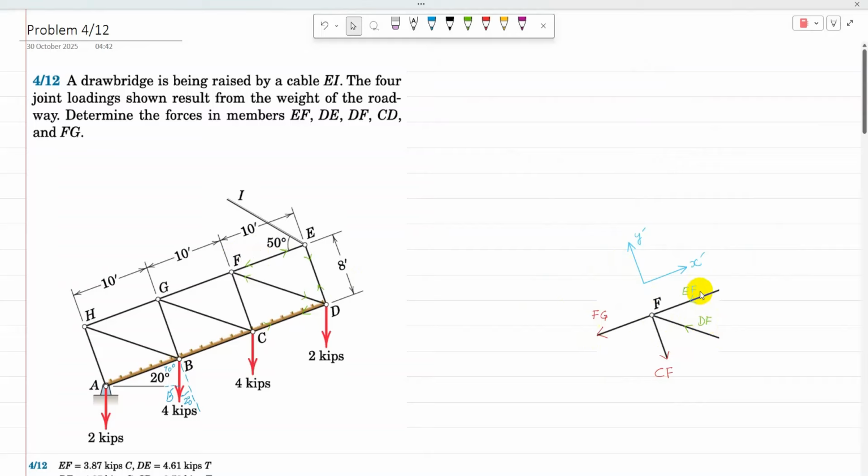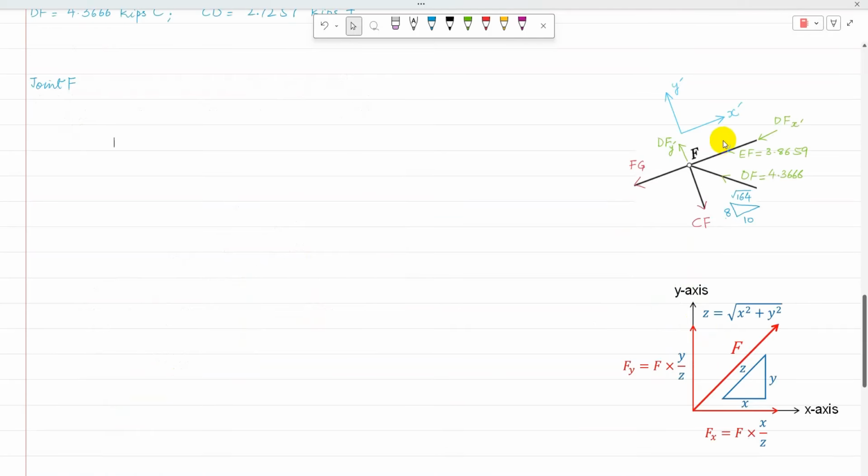FG and EF are along the x' axis, CF is along the y' axis, and DF is an inclined member. Its components are calculated using triangle FCD, which is drawn there. At joint F, DF is resolved into its components, DFx and DFy.